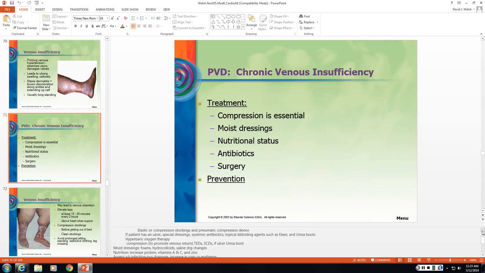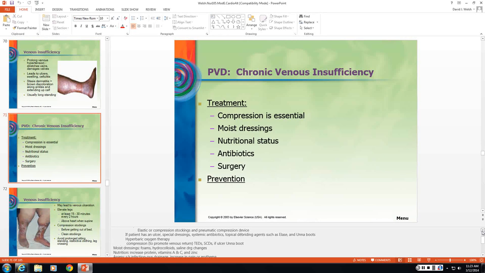If the patient has an ulcer, they're going to have a special dressing, systemic antibiotics, or topical debriding agents such as Lace or Unna boots. Sometimes they'll be on hyperbaric oxygen therapy, and this is compression to promote venous return.